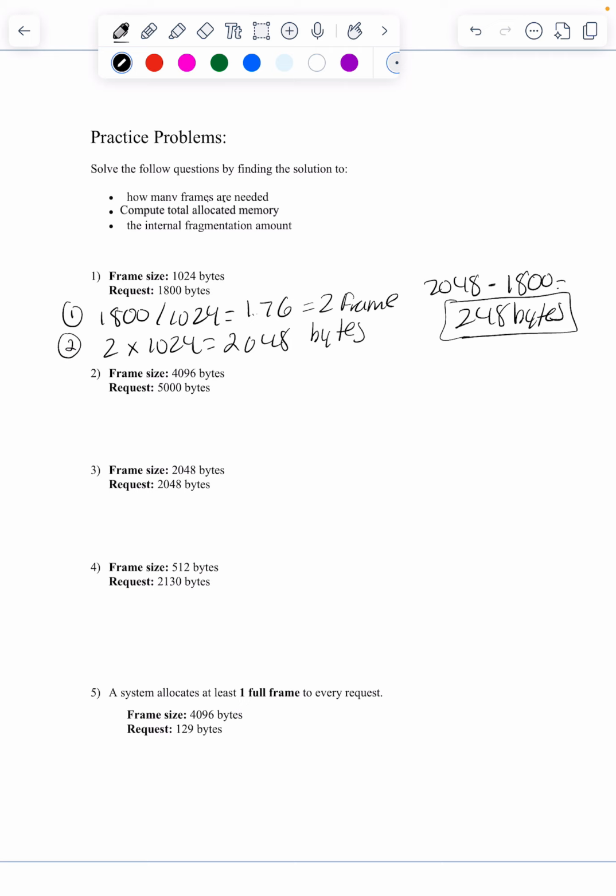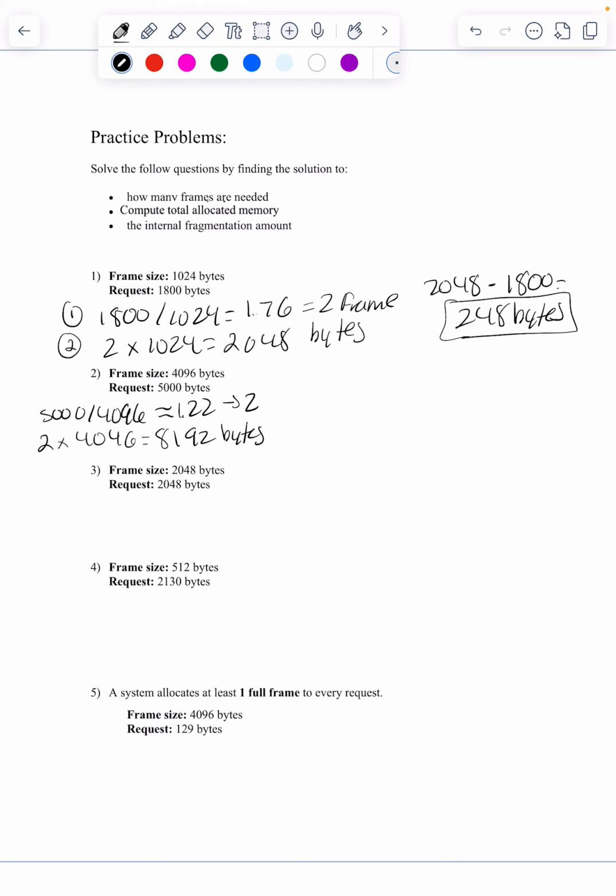To start off, obviously we're going to divide our request by the frame, and this is going to tell us about how many frames we're going to need, which results in 2 frames. To get the total size, we take 2 frames and multiply that by the frame size, which will get us about 8192 bytes.